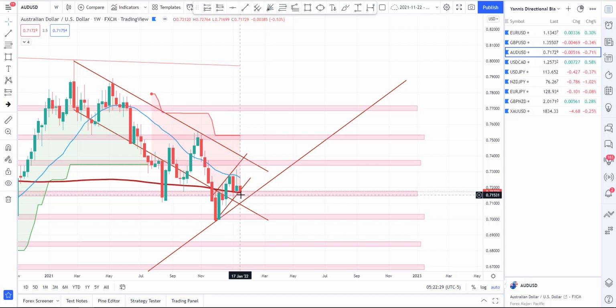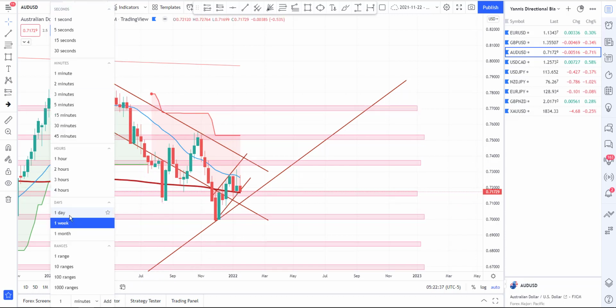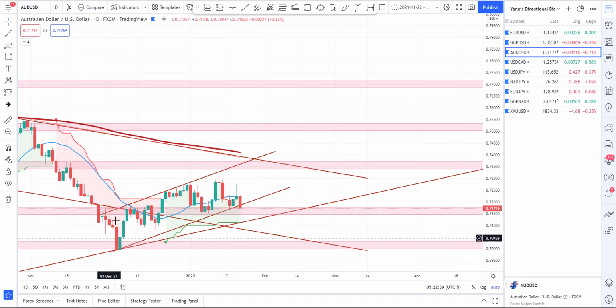So we need to be cautious. Okay, you see on the weekly we do have a downtrend, lower highs, lower lows. However, on the daily we do have an uptrend, higher highs and higher lows. So we need to be very cautious, and this is why that area here is particularly important for any decisions you guys are going to make.